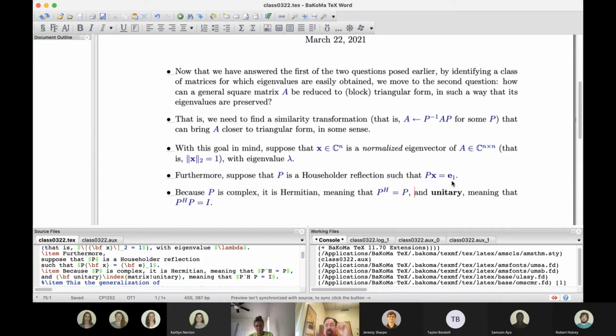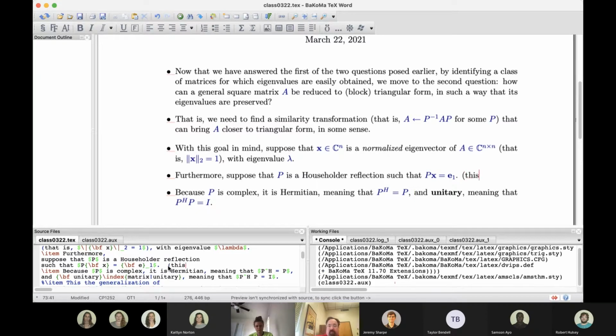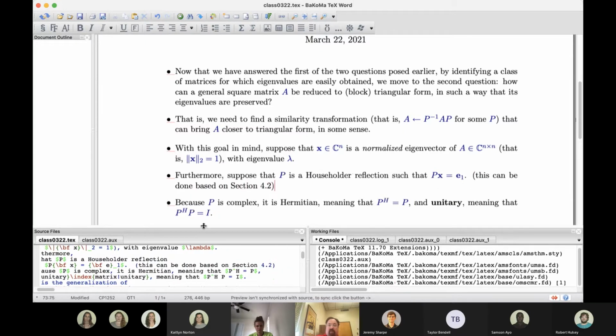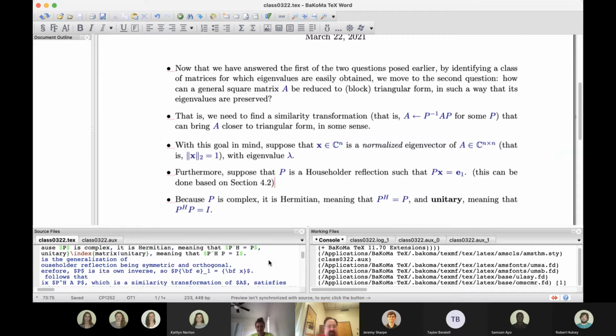So I can come up with a Householder reflection P. Actually, there is a problem from that section, I don't believe I assigned it, that says, given 2 arbitrary vectors A and B that have the same magnitude, find a Householder reflection that maps one to the other. So that's something you can always do. Okay. All right.